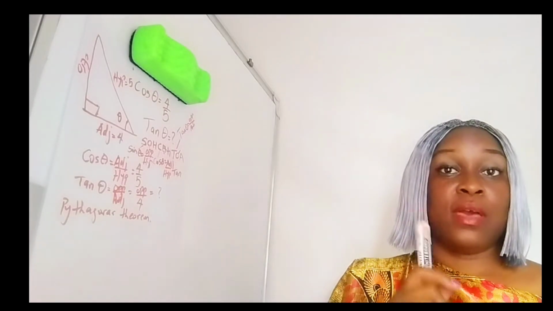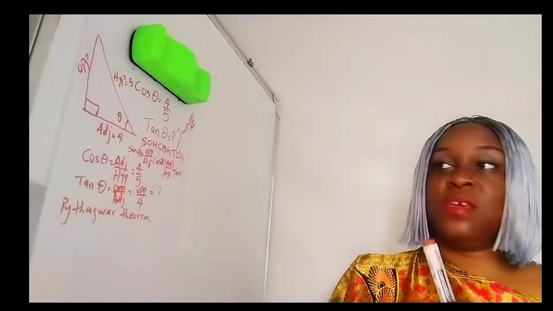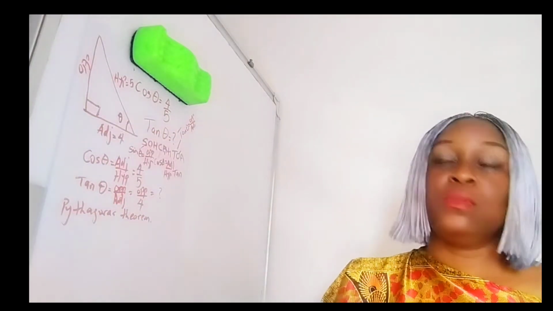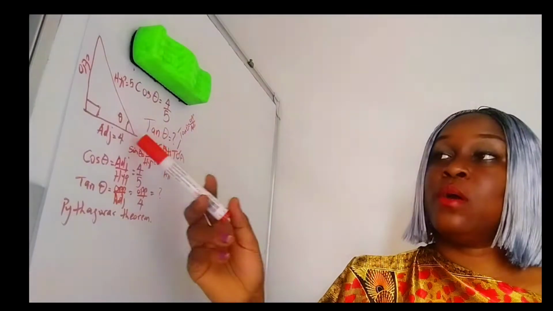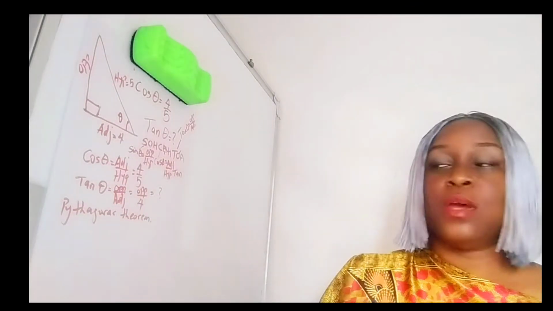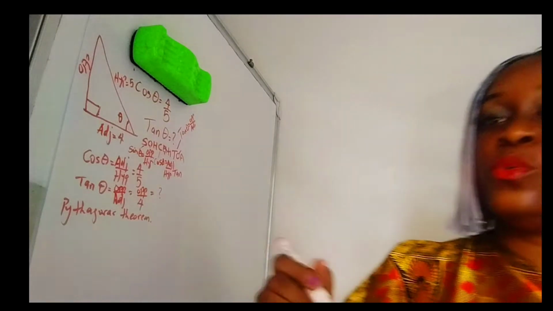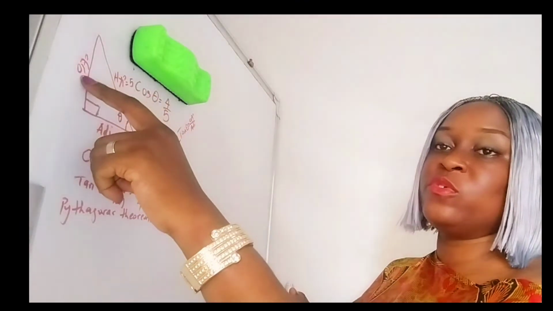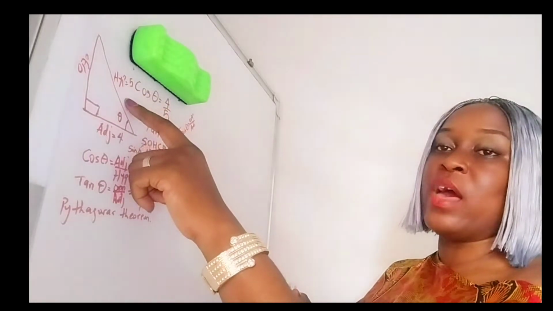The theorem states that the sum of the squares of the two sides of a right-angled triangle is equal to the square of the hypotenuse. So that takes us to 4 square plus opposite square equals 5 square.